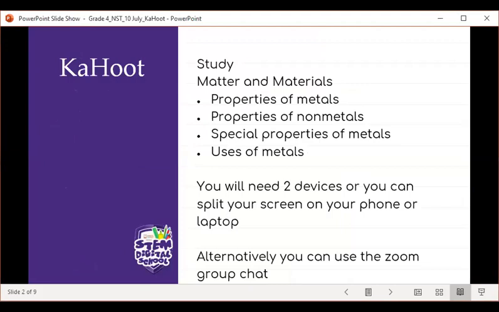And as said, you will need two devices, or if you are using one device, then you can split your screen, okay? So if you're using your phone and your phone allows you to split your screen, then you can do that. Or if you are using a laptop, then you can also split your screen by just opening a new tab. All right.